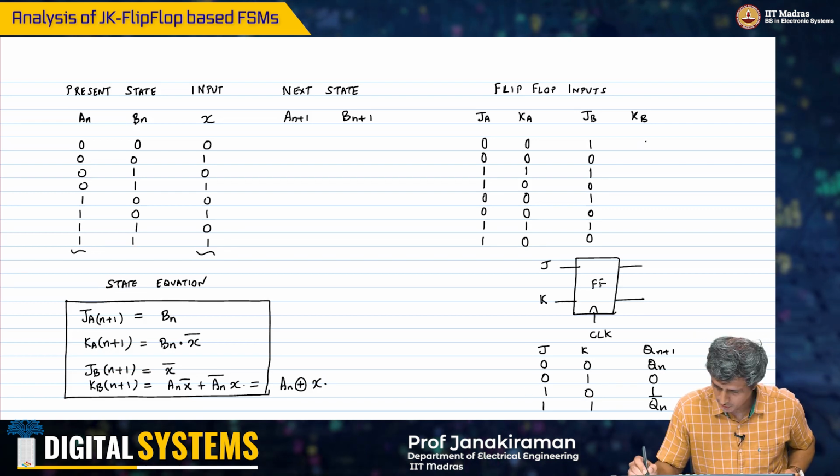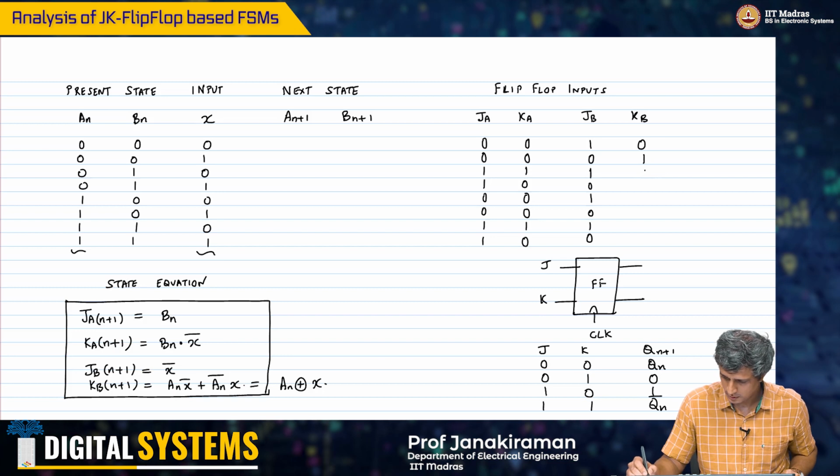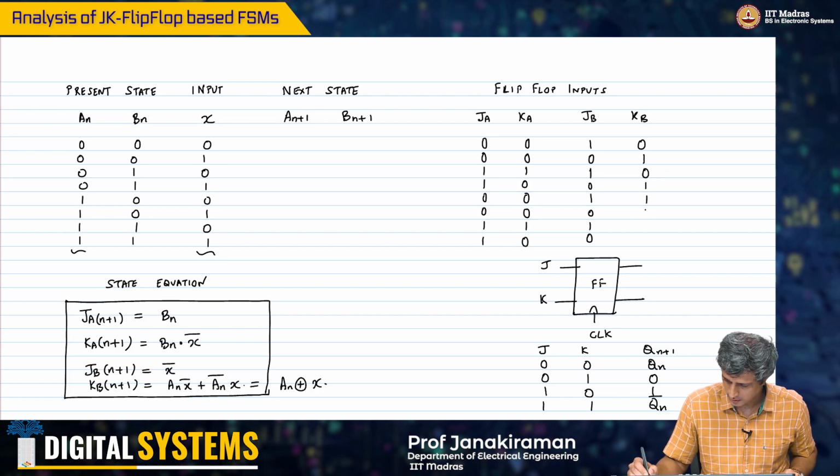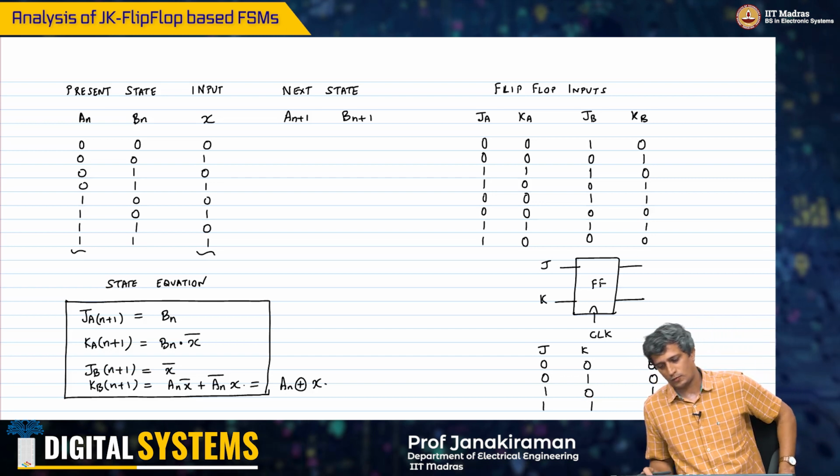So this is going to be 0 1 0 1, then 1 0 1 0, giving 0 1 0 1 1 0 1 0.